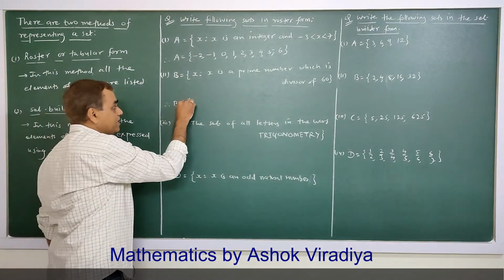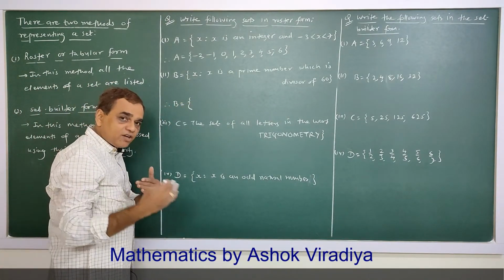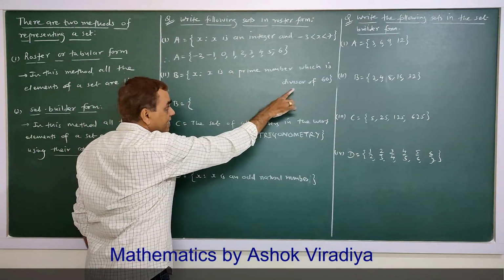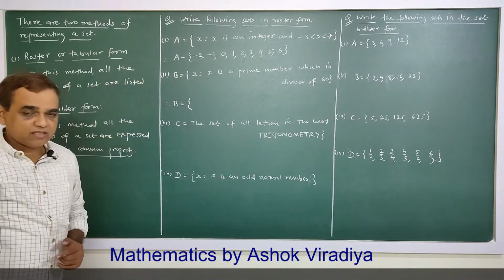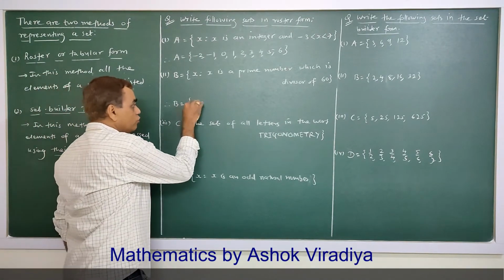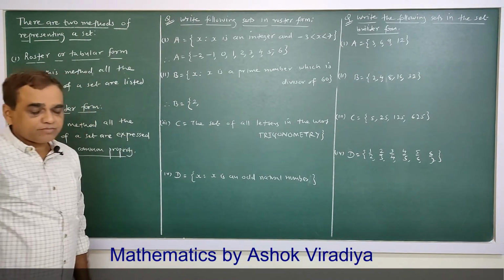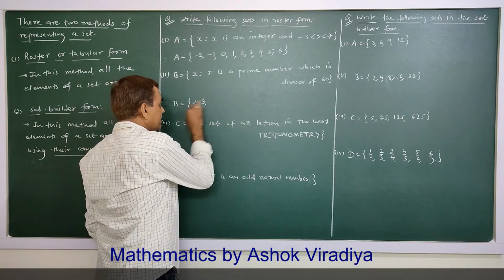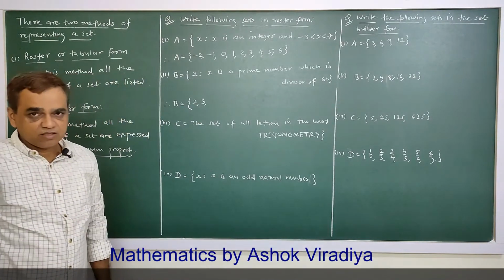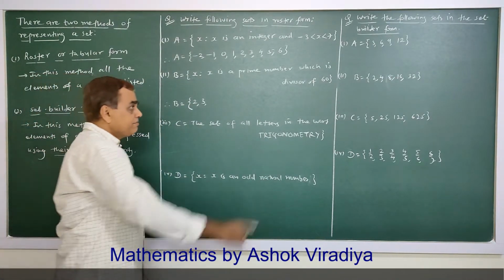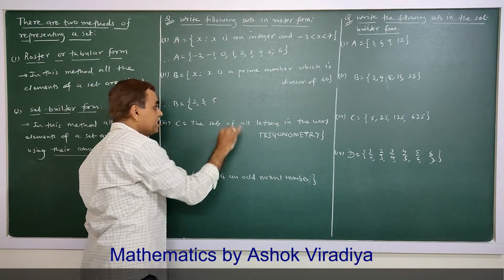So which are these numbers? Prime number and divisor of 60. 2 is a prime divisor of 60, so 2 is included in this set. 3 is a prime divisor of 60, 3 is included. 4 is not a prime. 5 is a prime divisor of 60, so 5 is included.